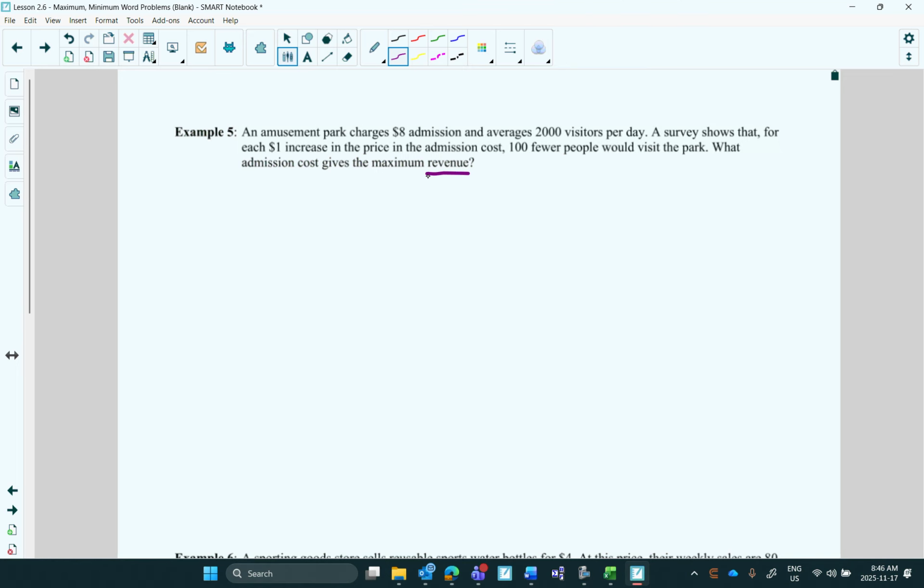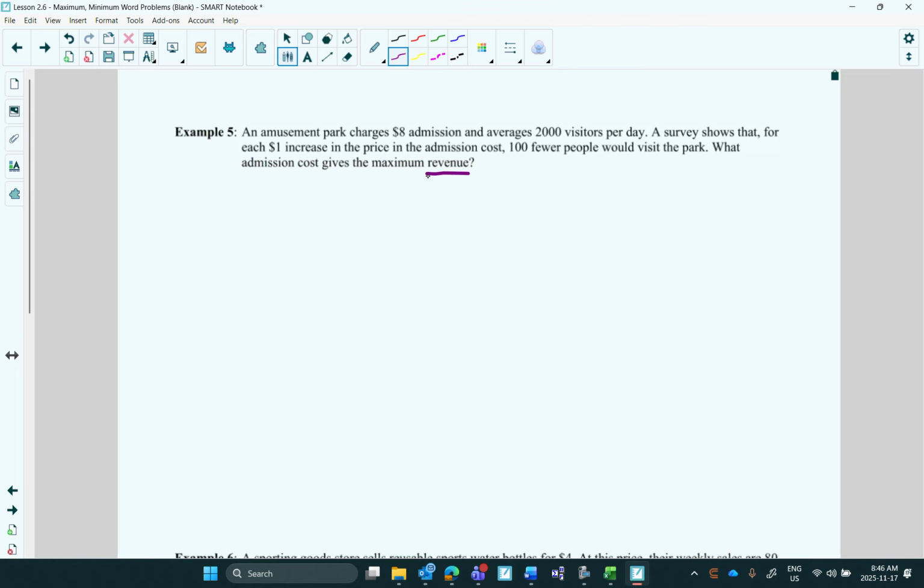So don't break this down yet, but if we look at this the long way, right now, how much money are they taking in a day? Well, they charge $8, they get 2,000 visitors. They're making 16,000 a day, right?